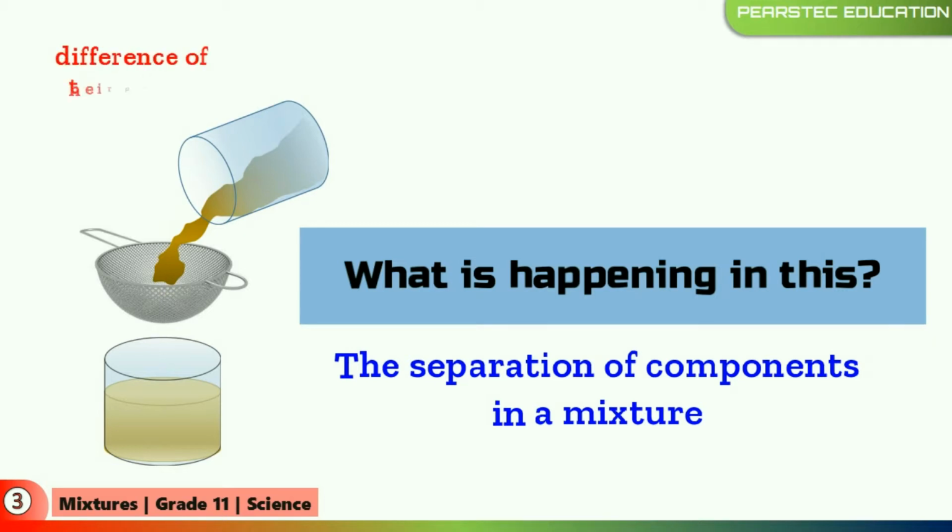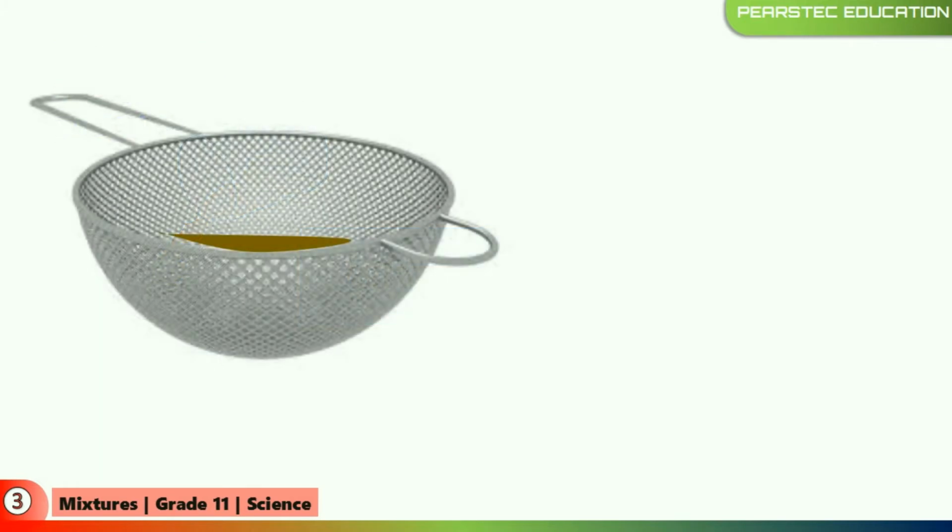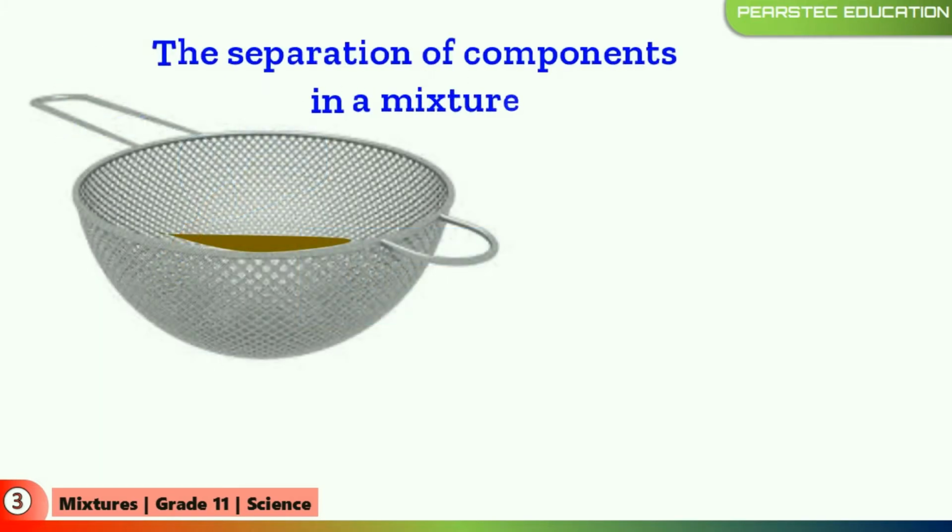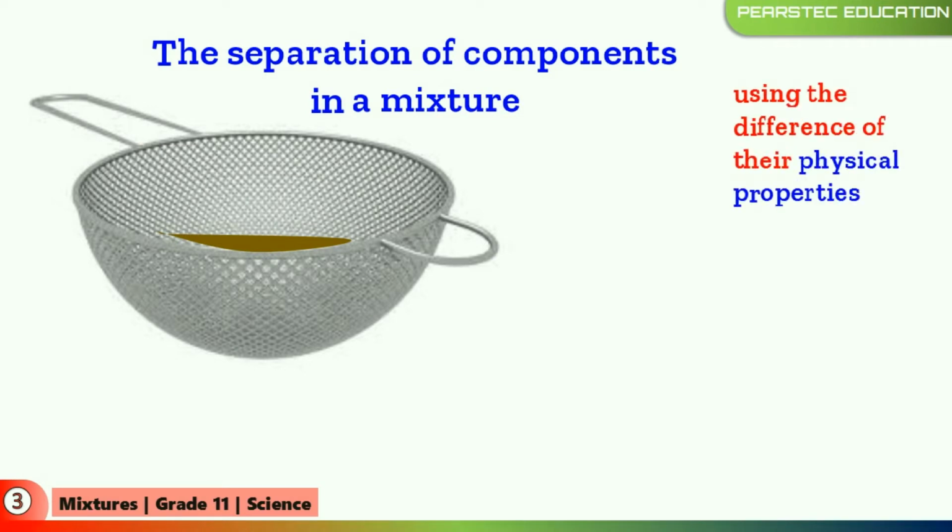Here, the differences of their physical properties help the tea get into your cup with the strainer. When you're talking about that strainer, yes, definitely the separation of components in a mixture using the difference of their physical properties is known as mechanical separation.